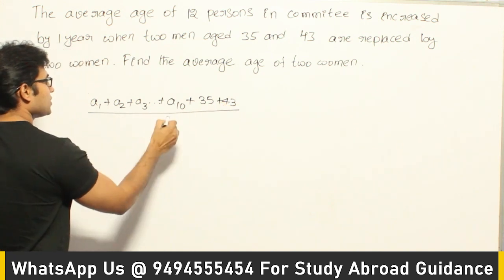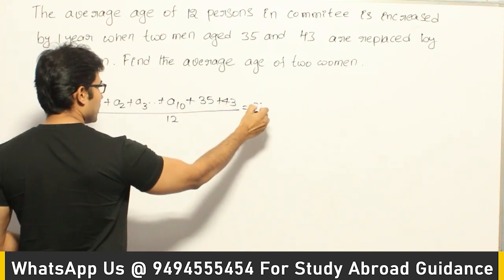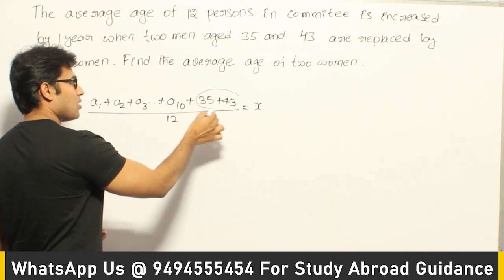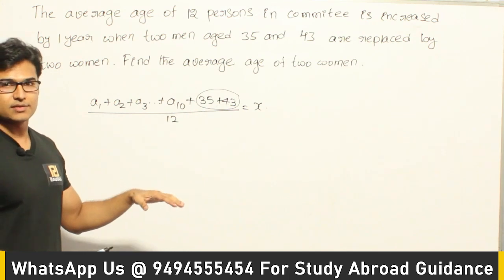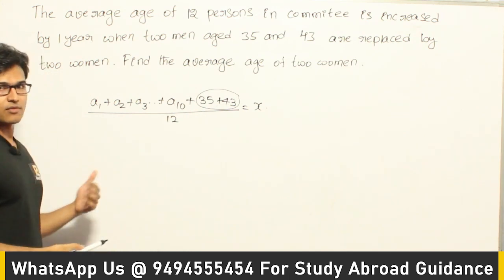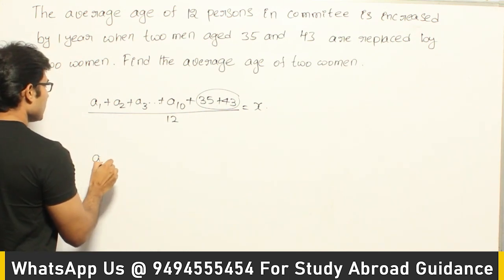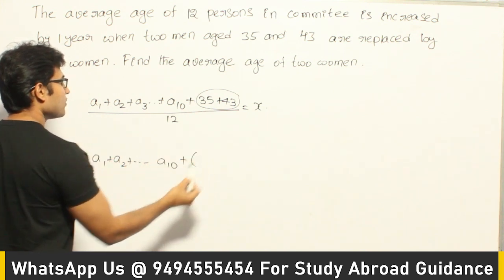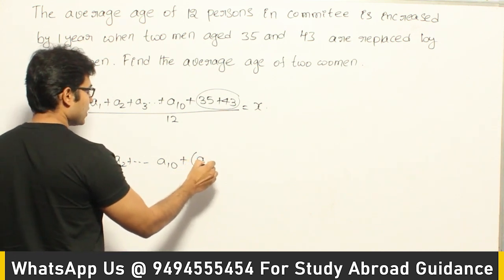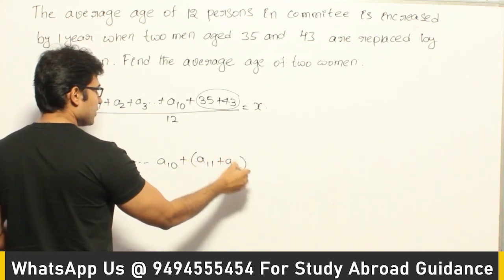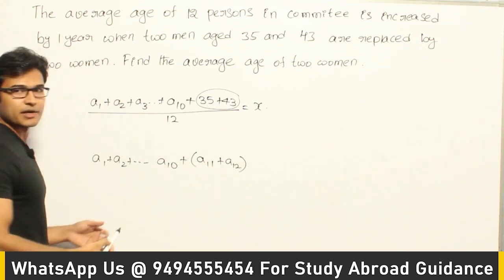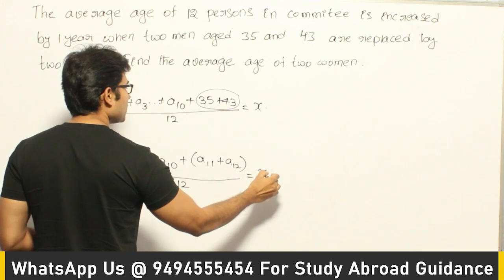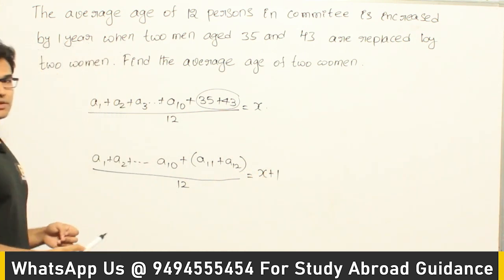Now when this average is found out, we don't know it, so let's assume that it is X. Later when these 2 people are replaced by someone else, we don't know their ages, so let's assume that their ages are A11 and A12. These 2 people are removed and the other 2 are added to the group. And now the new average is found out to have increased by 1, so it is X plus 1.